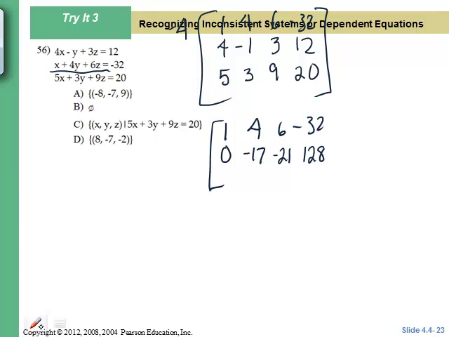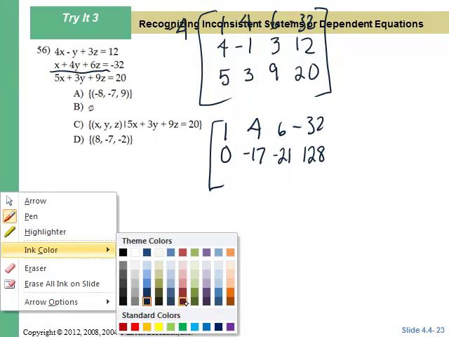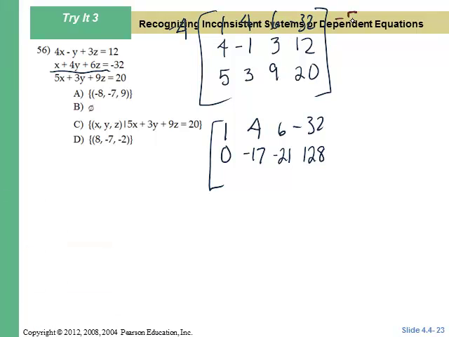Multiply the first row by negative 5 and add it to the last row, you get 0. Negative 20 and 3 is negative 17. Negative 30 and 9 is negative 21. Positive 160 minus 20 is 140.